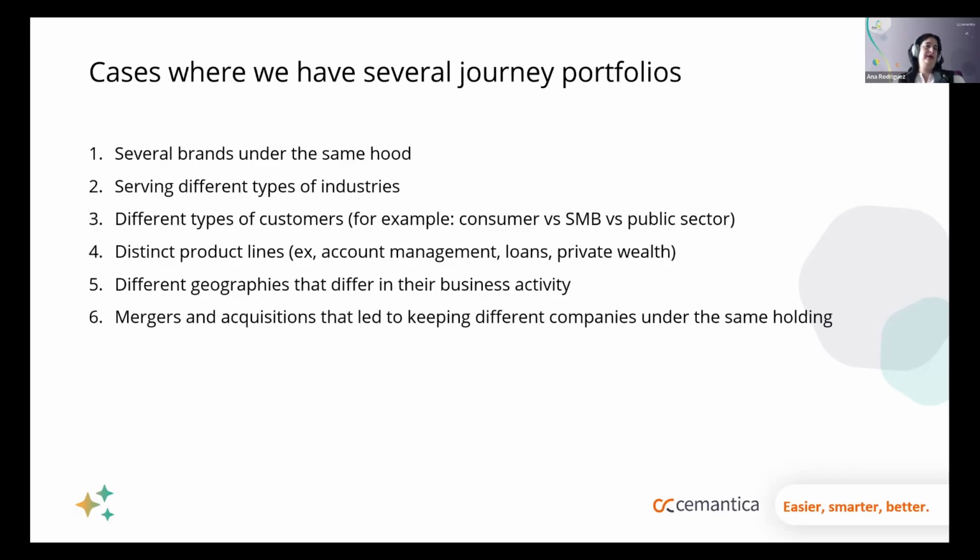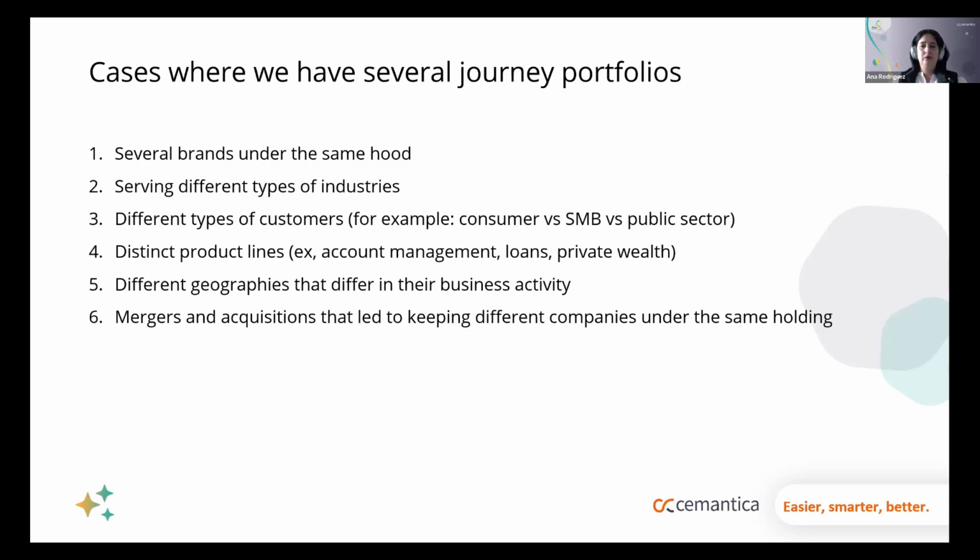Or, for example, your company is serving different types of industry. We are working with a customer in the retail business that provides retail products, but also provides financial services to finance their products. So in that case, they created the retail journey portfolio and then the financial journey portfolio. And at some point, both journey portfolios are connected, because this will help you to visualize the opportunities for cross-selling in this example that I mentioned before.